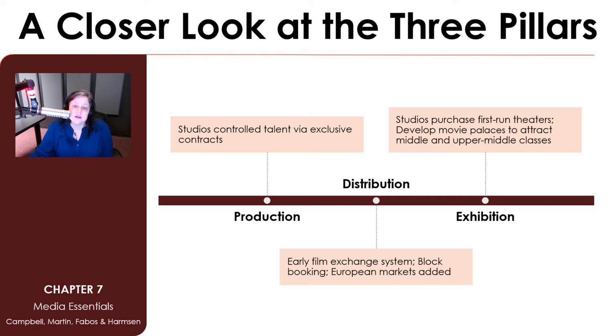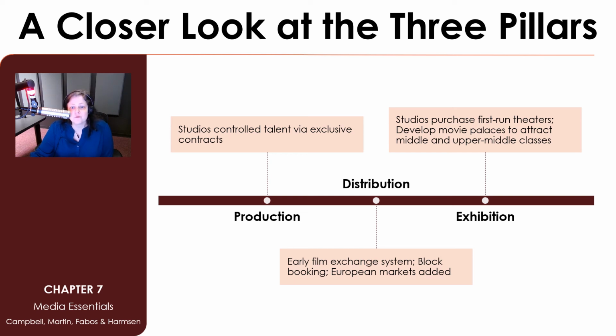The first sequence is production. Once companies learned audiences preferred specific actors, they signed exclusive contracts with big-name stars. In this way, the studio system began controlling the talent of the industry. Rather than shop around for better pay per picture, a star could only make movies with their contracted company. And it wasn't just actors.